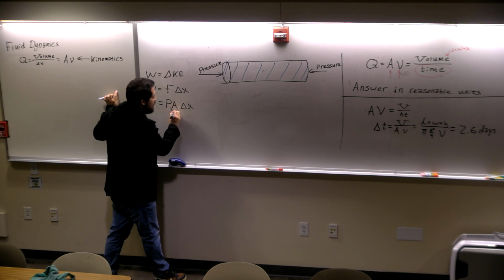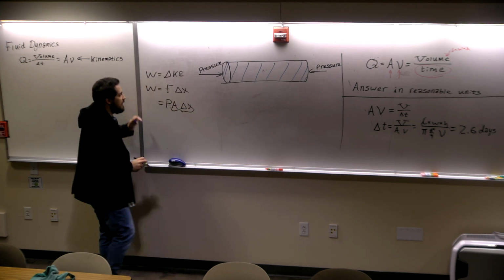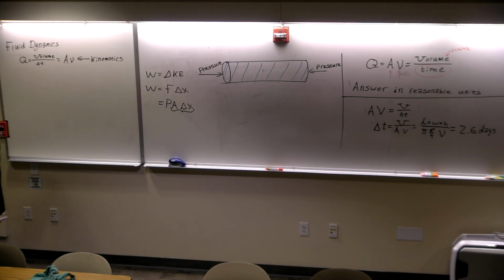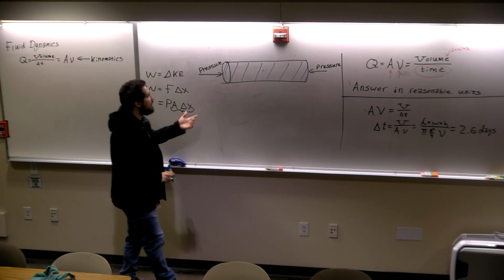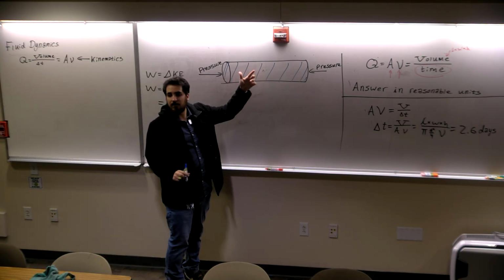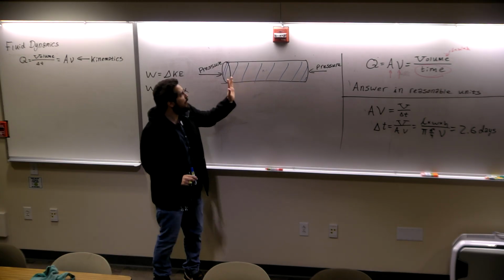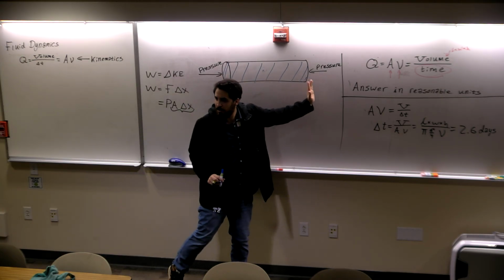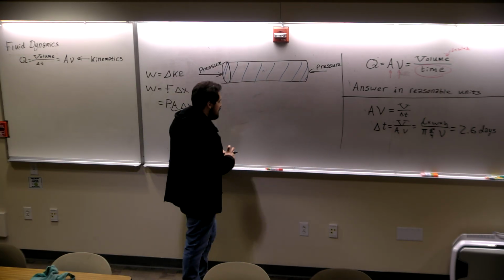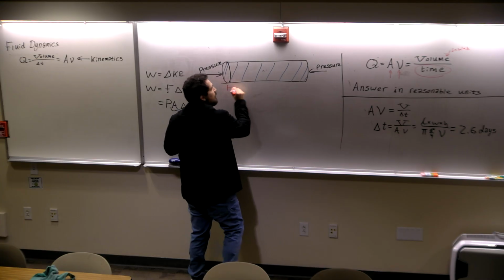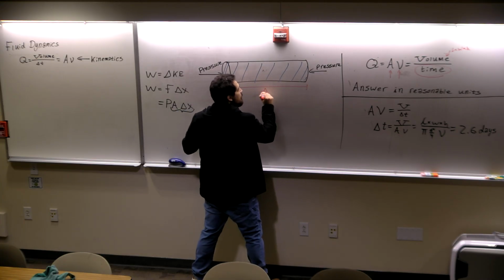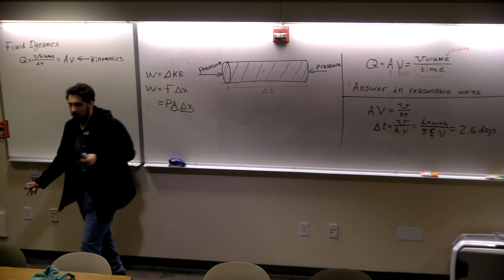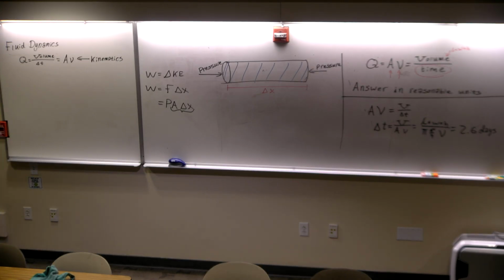Now, taking a look at this area times delta x. If we are taking this volume of fluid and moving it from one end of the container to the other, the delta x we are moving it is the length of our container. Yes?